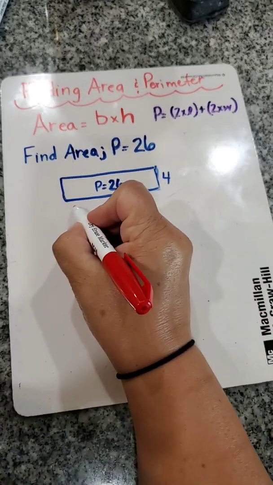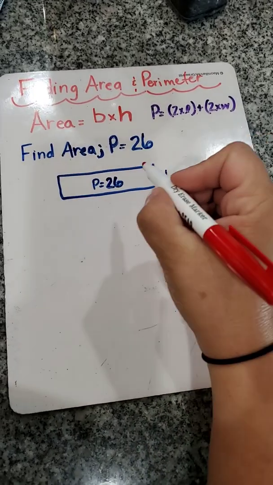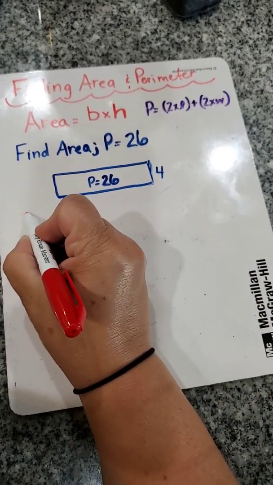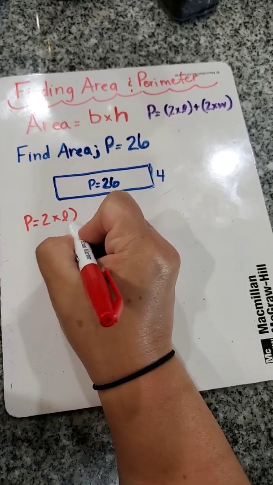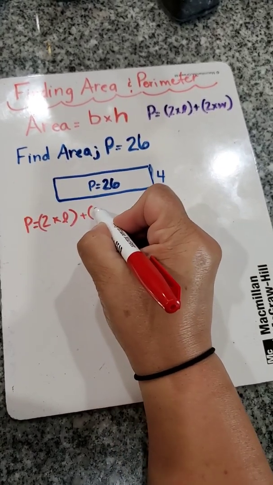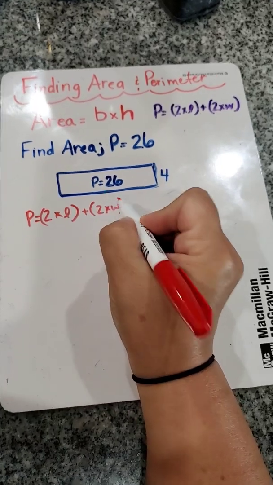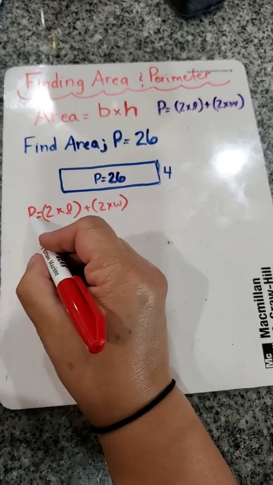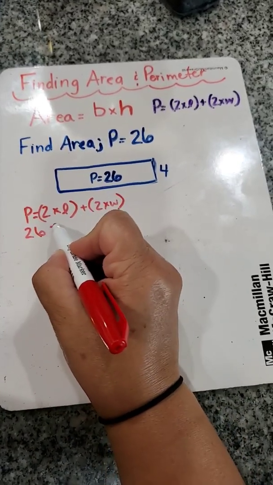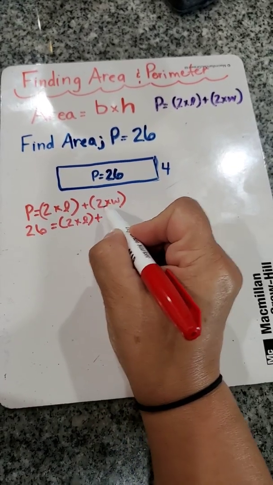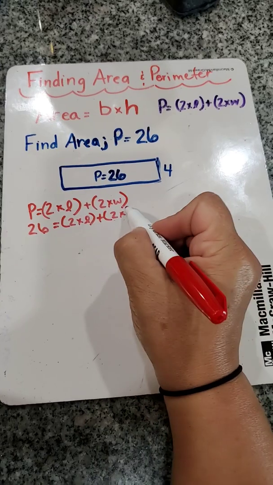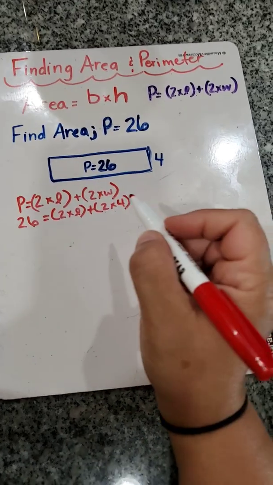So if we know perimeter is 26, we can say P is 2 times L plus 2 times W using the perimeter formula, and we can fill in. 26 is 2 times L plus 2 times 4 because we know the width.